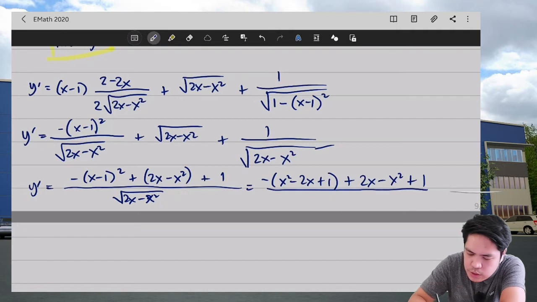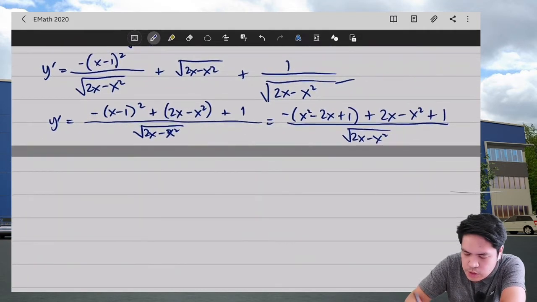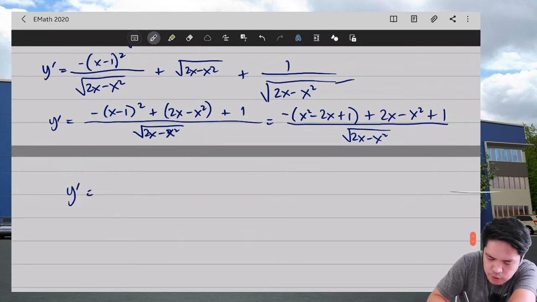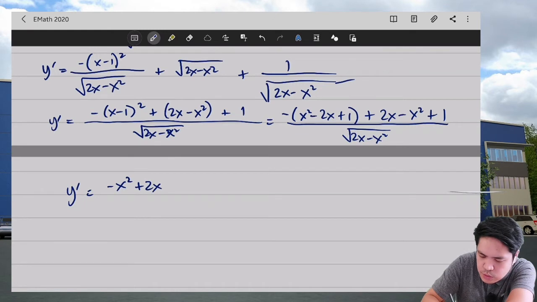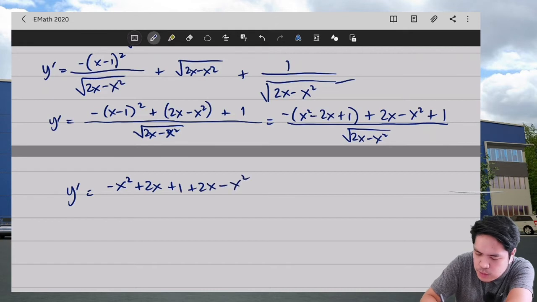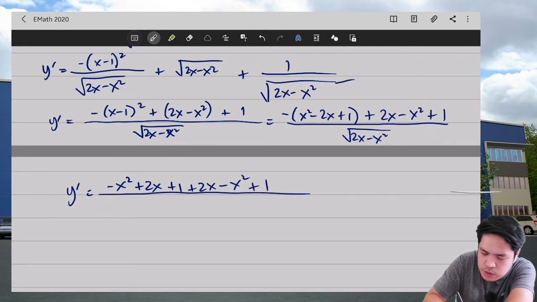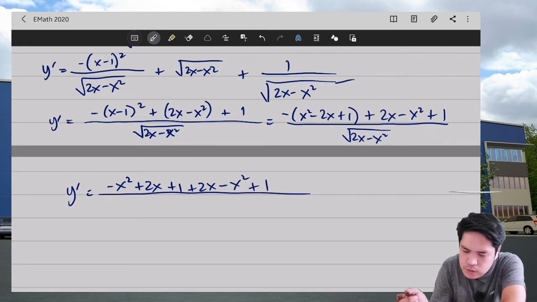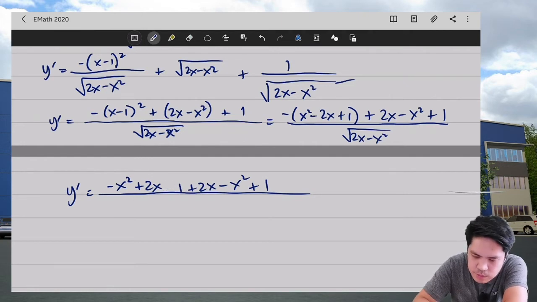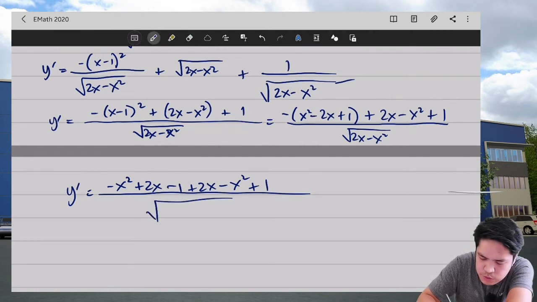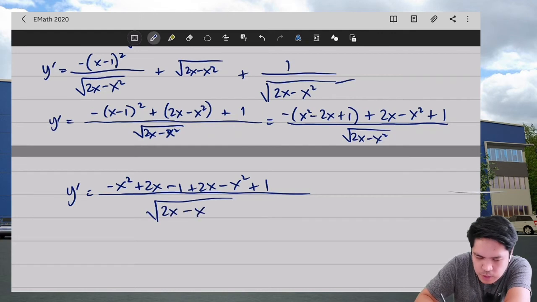Then divide this by the square root of 2x minus x squared. Then simplify further. We have negative x squared plus 2x plus 1, then plus 2x minus x squared plus 1. Okay, this should be minus 1, sorry. Minus 1. So over 2x minus x squared.